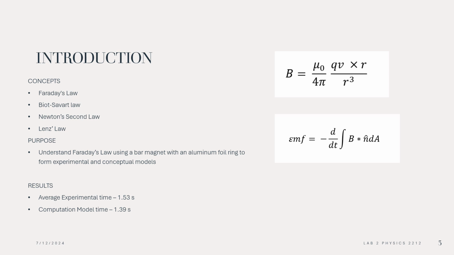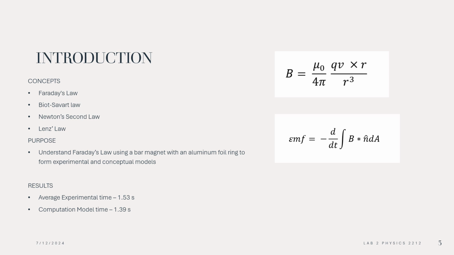The Biot-Savart law is the equation on the top, where our magnetic field is equal to the magnetic constant times the cross product between v and r times the charge of whatever you have, divided by the radius cubed. Remember that this is going to be a dipole, so the equation looks a little bit different.